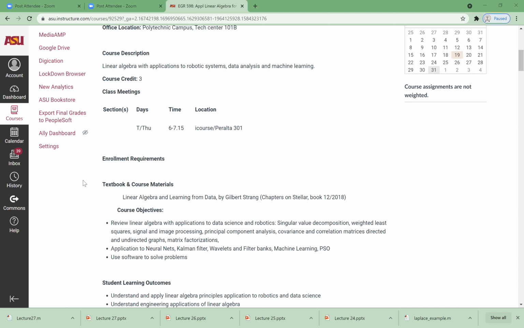Then we will advance those concepts to neural networks, machine learning, and artificial intelligence. The beauty of it is everything is connected. We are starting from first principles and going all the way to neural networks and compressed sensing.